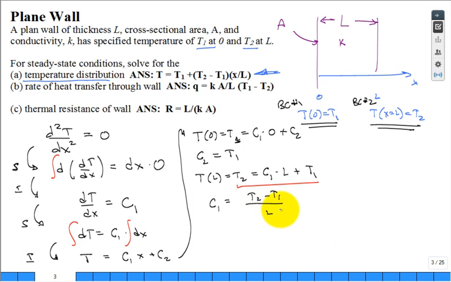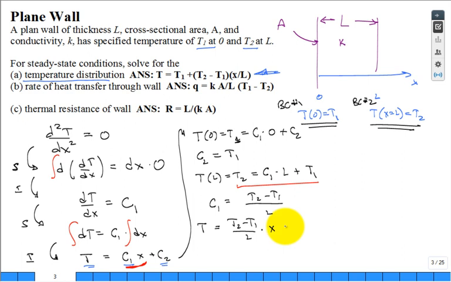Now we can re-express the solution. It's kind of like I just was able to solve for C2 and C1, so let's rewrite the solution. So T as a function of x is equal to C1, which is T2 minus T1 divided by L, times x. See how I just picked up this, just did it for that term?